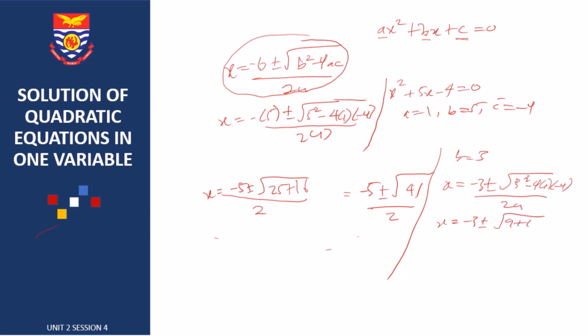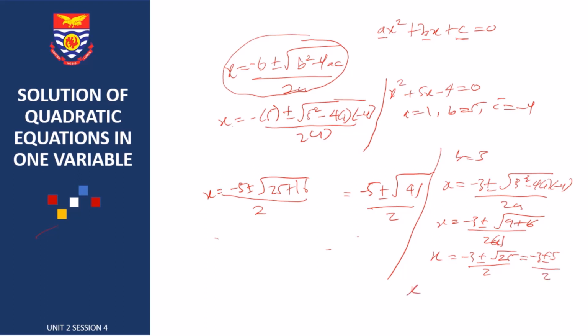That was it. Here we have x is equal to minus 3 plus or minus the square root of 25 over 2. The a was 1, so we have minus 3, the square root of 25 is 5, plus or minus 5 over 2.